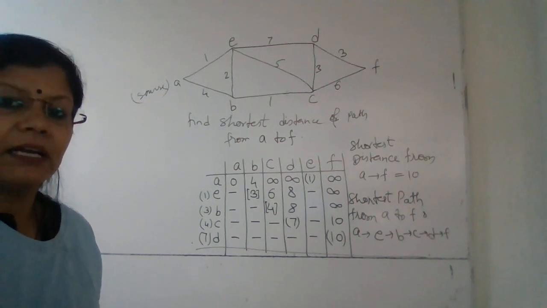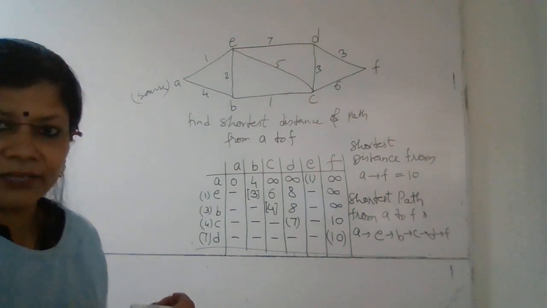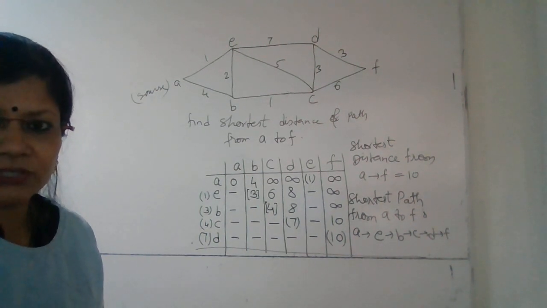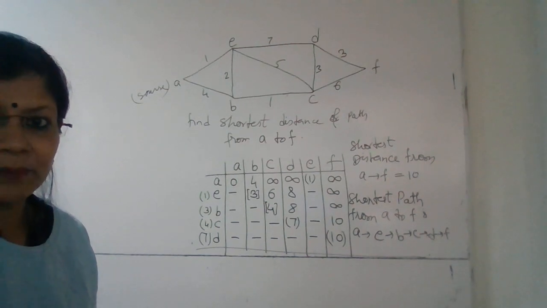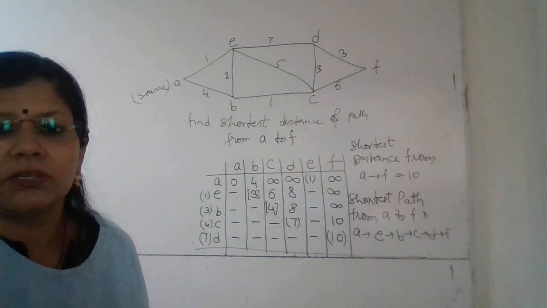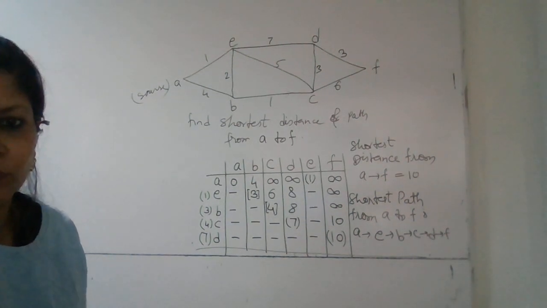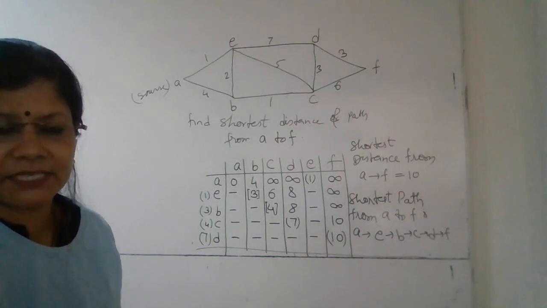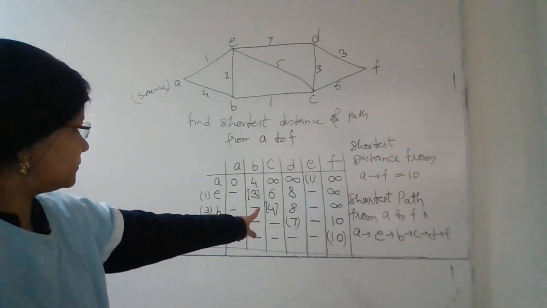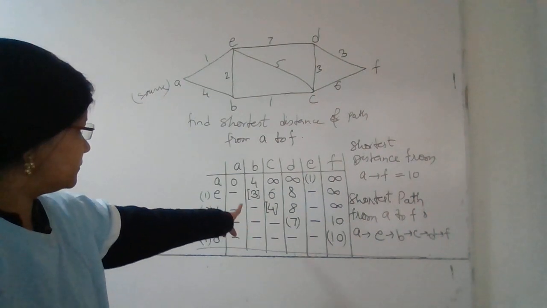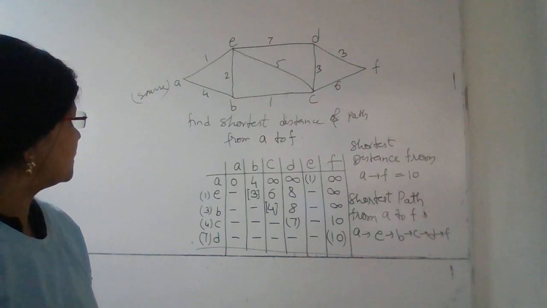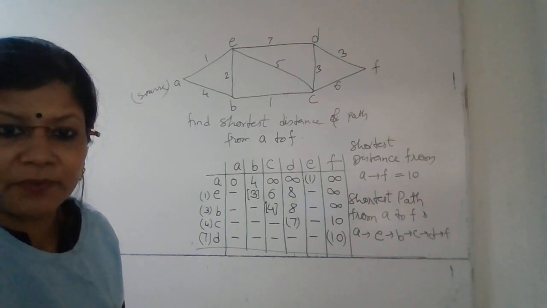And you can find all the distances from the source vertex to other vertices. That means A to E and A to B both are directly connected vertices. But if we find A to B, then the minimum distance from A to B is 3.